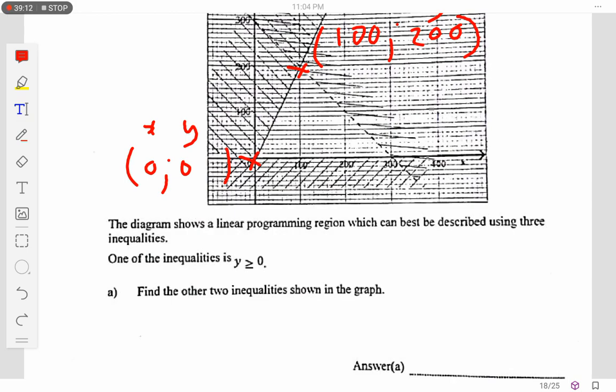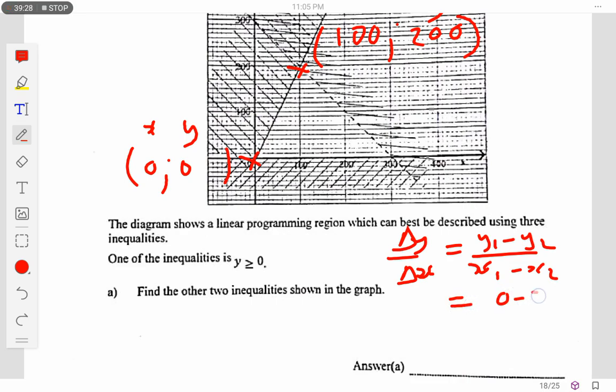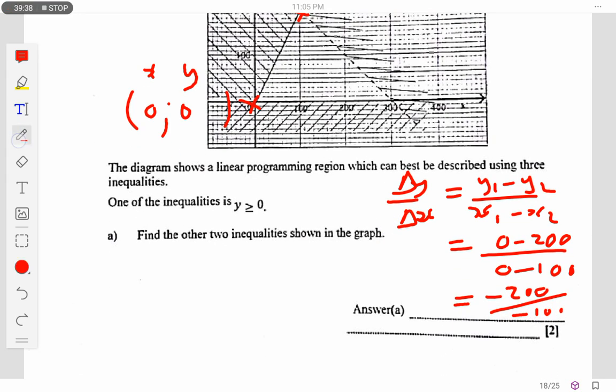So the gradient is equal to change in y over change in x. This is the same as y1 minus y2 over x1 minus x2. So this is equal to 0 minus 200 over 0 minus 100. I will get minus 200 over minus 100. So my gradient is equal to 2 here.